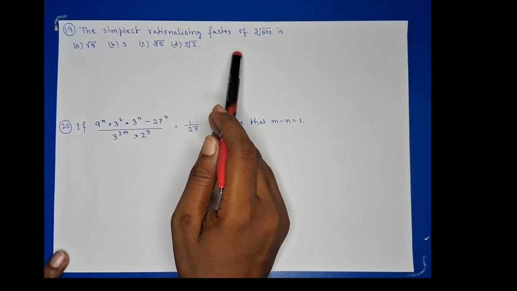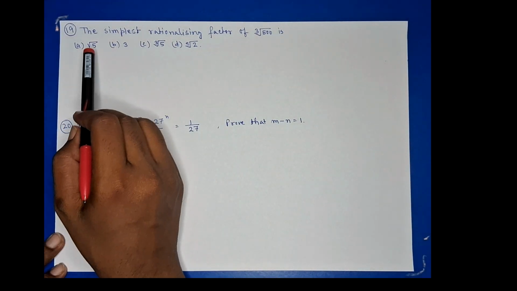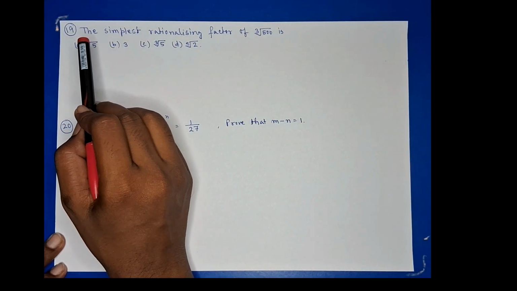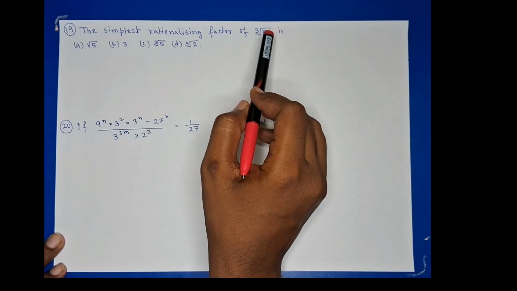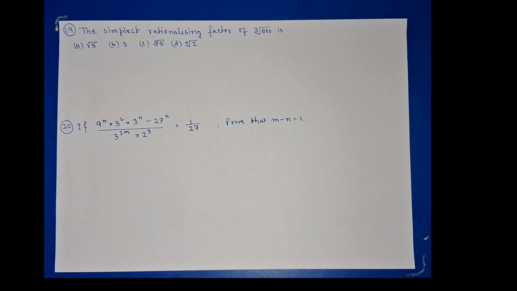How will we determine which one is the rationalizing factor? We have to multiply. Suppose option A is the correct answer, then we multiply option A with cube root of 500, and check whether the product is rational or not. If the product is rational, then our answer is correct.